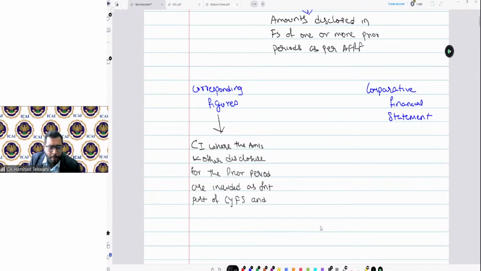And the very important part is they are intended to be read only in relation to the amounts and other disclosures of the current year.